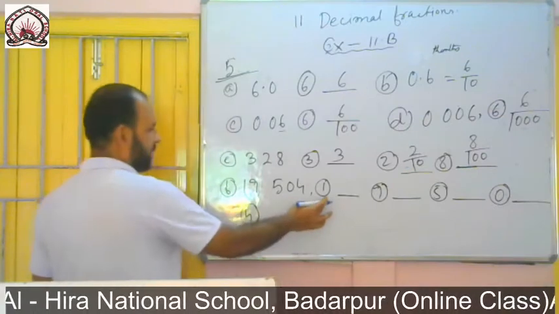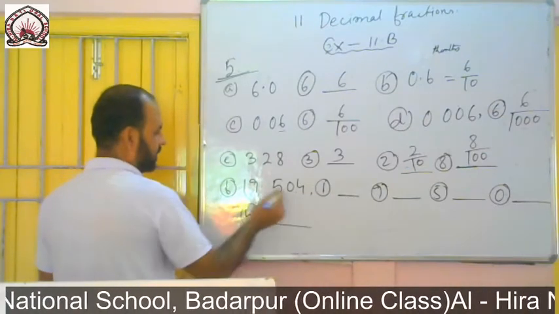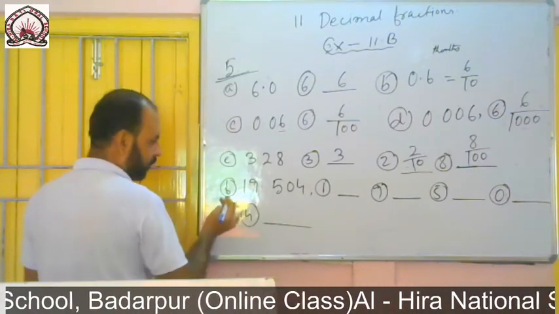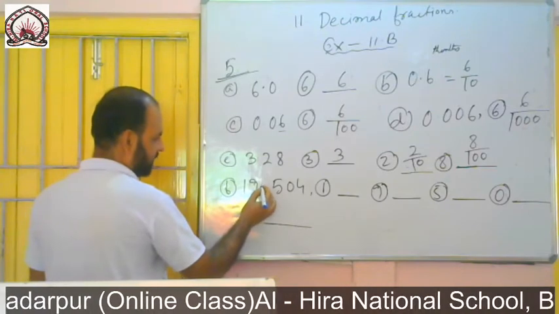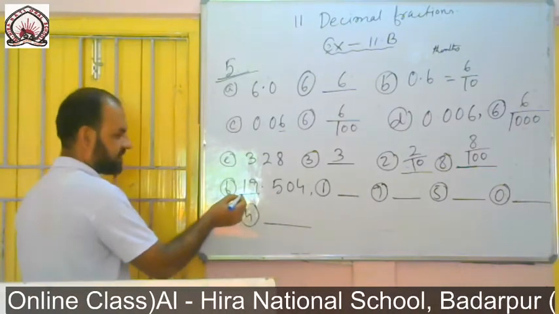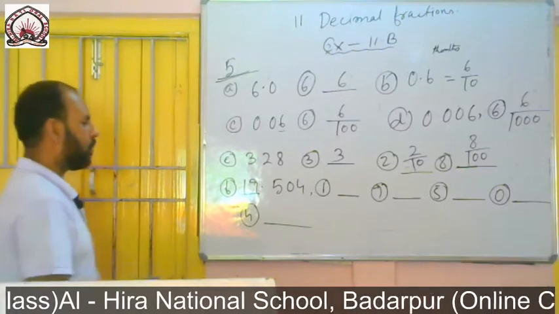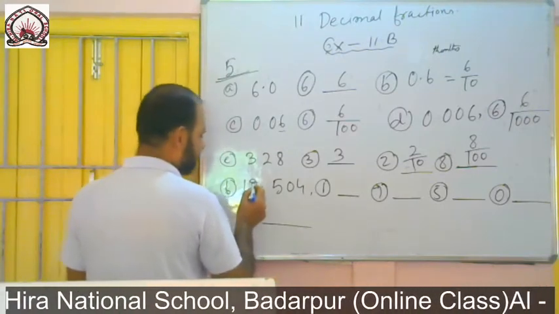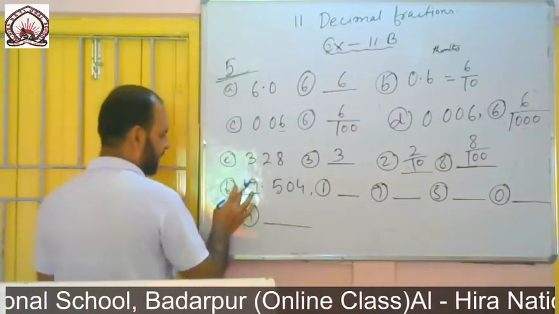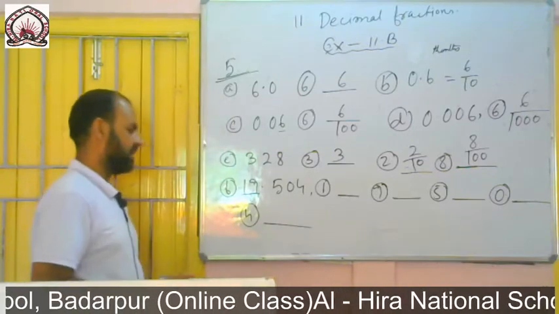The digits before the decimal point are the integral part, the whole part, so 9 is in the ones place and 1 is in the tens place.